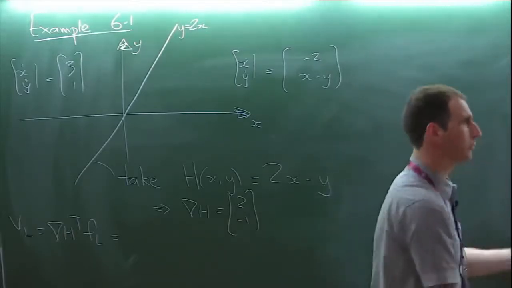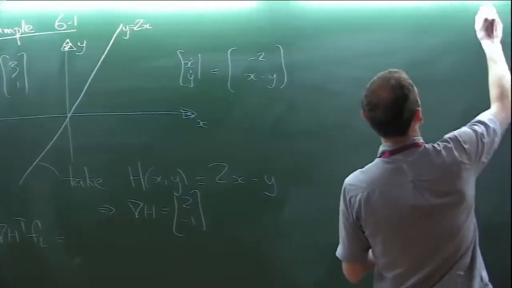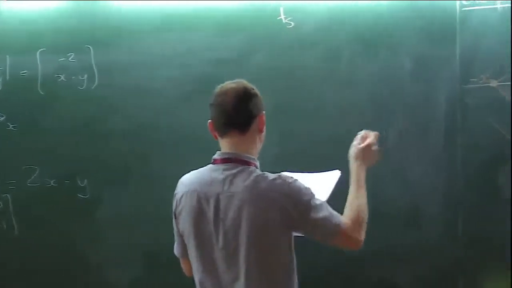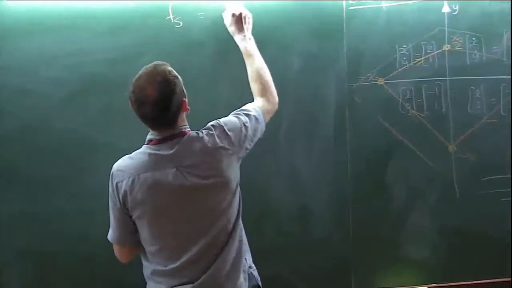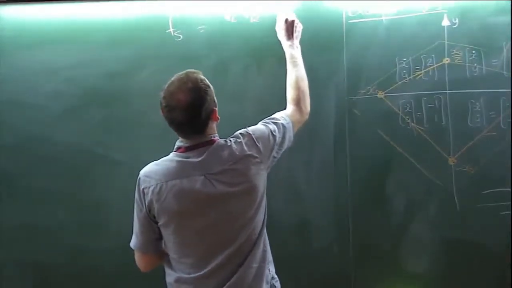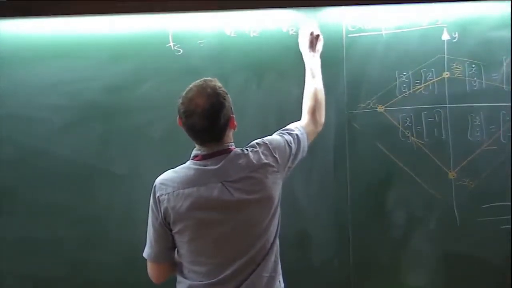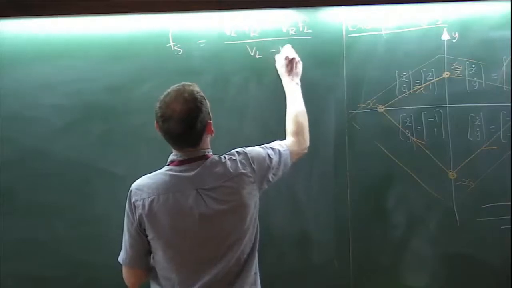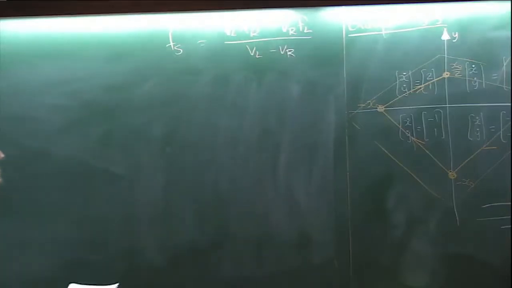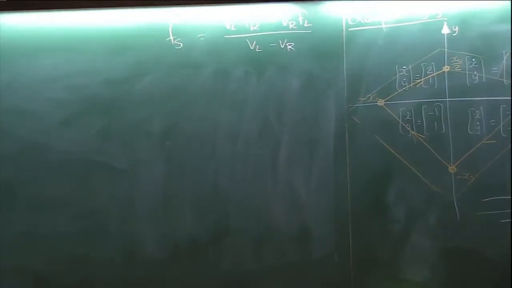So I should remind you what we're working towards. It is VL minus VR. All right, so there's our all-important formula for the sliding vector field that we saw this morning.